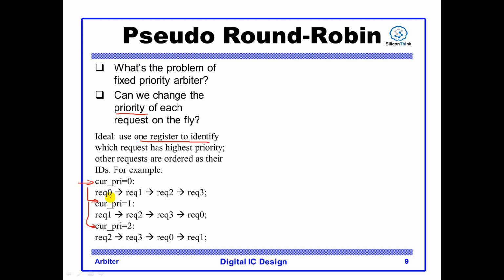So the priority is something like that. And when the value of this register, current priority, is 1, request 1 has the highest priority, then request 2, request 3, and wrap back to request 0.